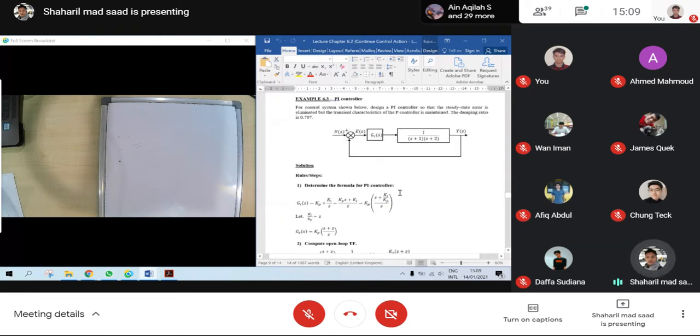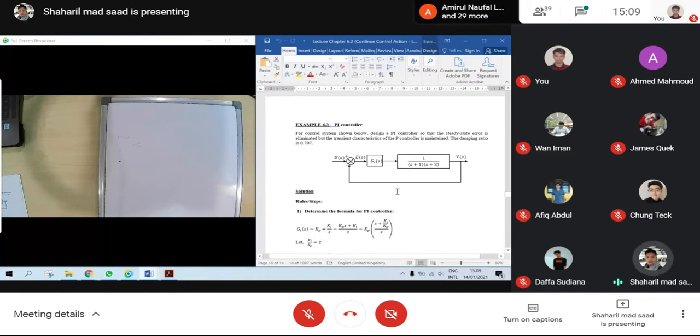So in the last topic, last example, which is 6.3, we're going to do this. Okay. Now, what happens if you combine proportional and integral? For the control system shown below, design a PI controller so that the steady state error is eliminated.